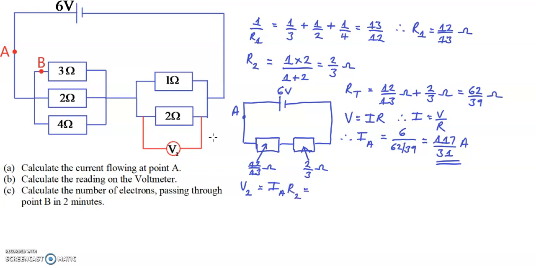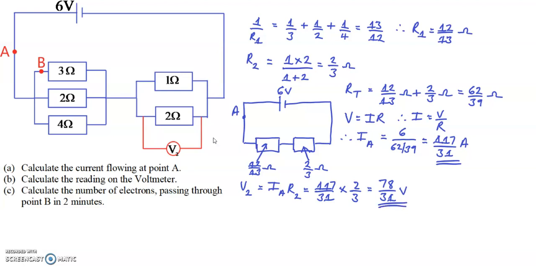So the voltage reading on that voltmeter will be 117 over 31, that's the current flowing, times this resistor here, 2/3, giving a reading of 78 over 31 volts. So that's the answer to part B.